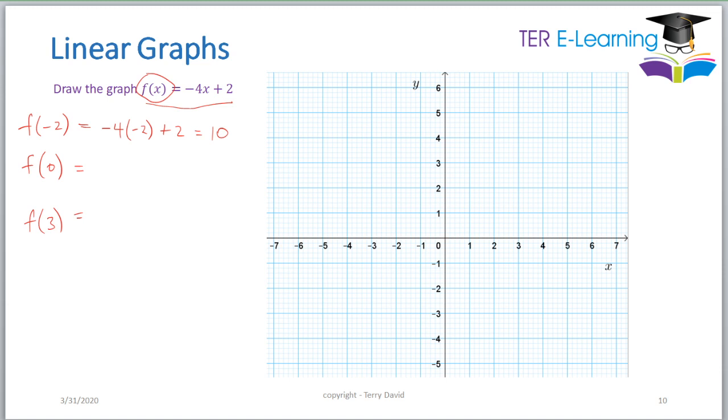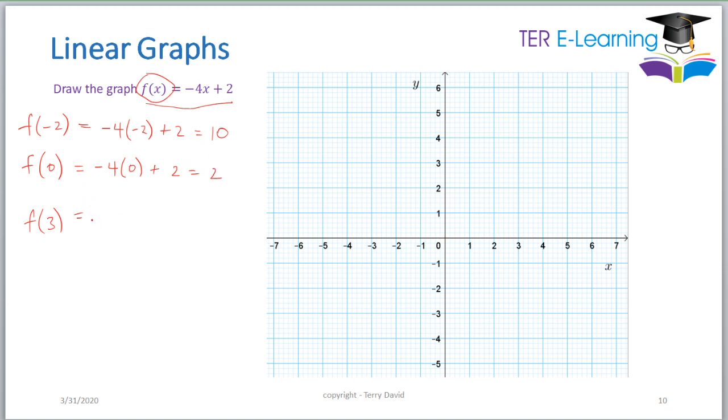So the first coordinate is minus 2, 10. The second coordinate, we're going to substitute 0 into this. So minus 4 by 0 plus 2. Minus 4 multiplied by 0 gives me 0, and 0 plus 2 gives me 2.